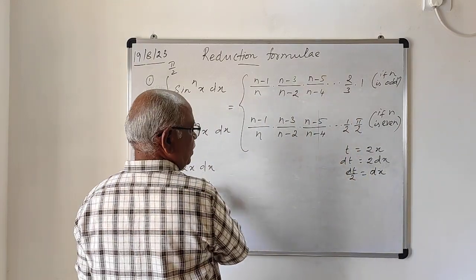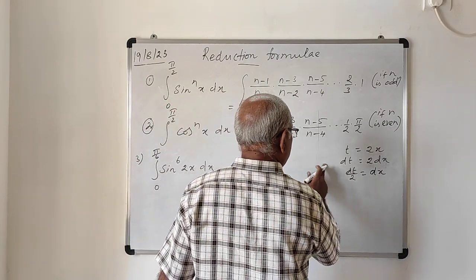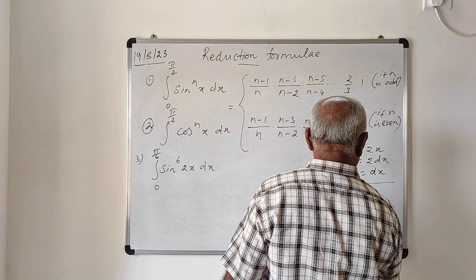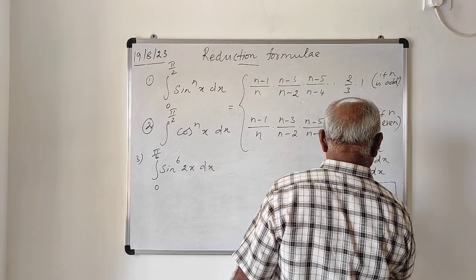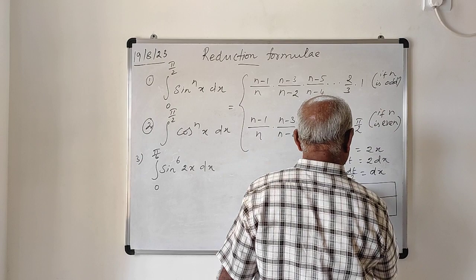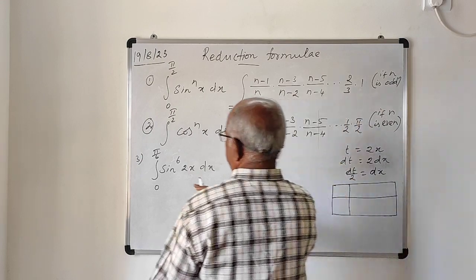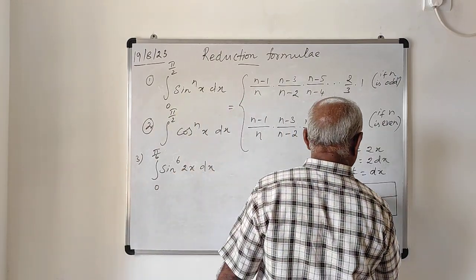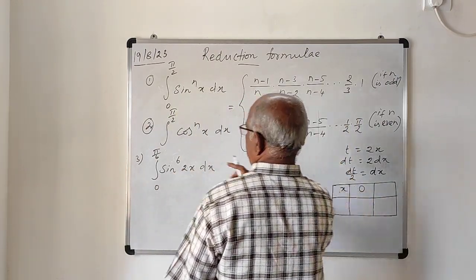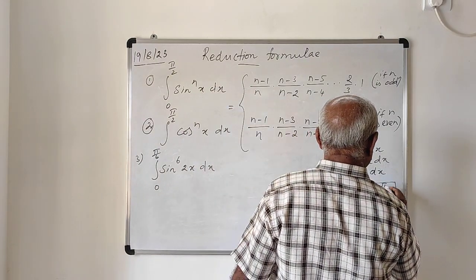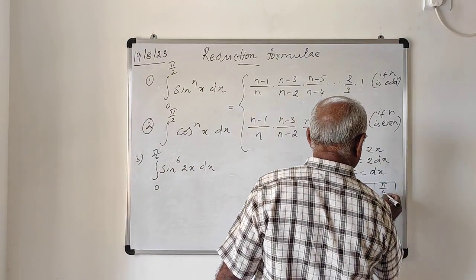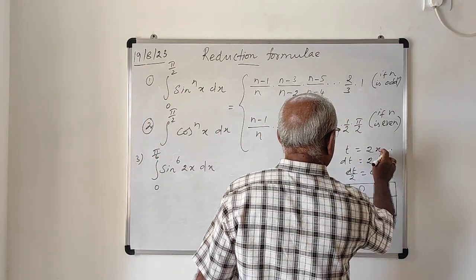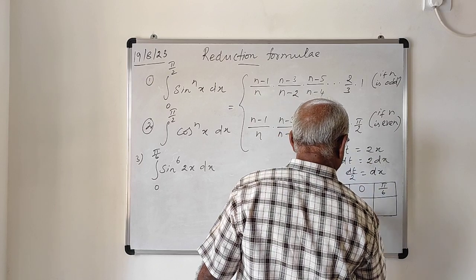So, dx is dt by 2, 2x is t, and correspondingly the limit should be changed. For that, consider this table. Limit given for x: lower limit is 0, upper limit is 5/6. Converting the limit to t, if x equal to 0, t equal to 0.